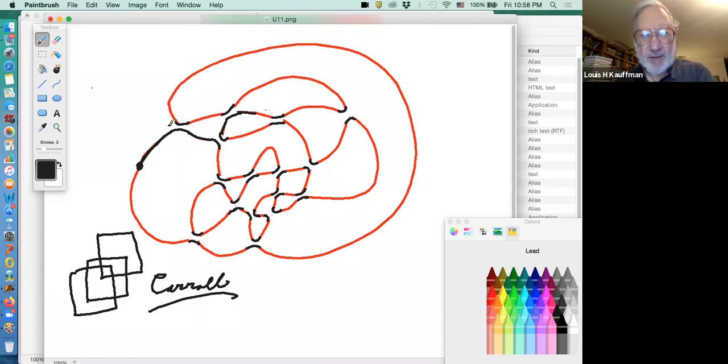Now I want to show you how you get the markers from one of these if you had one. You put a marker in one region, and you put a marker in an adjacent region. And now you start growing a tree by going from the marker, from the star, through the doorways of the smoothings that you made.